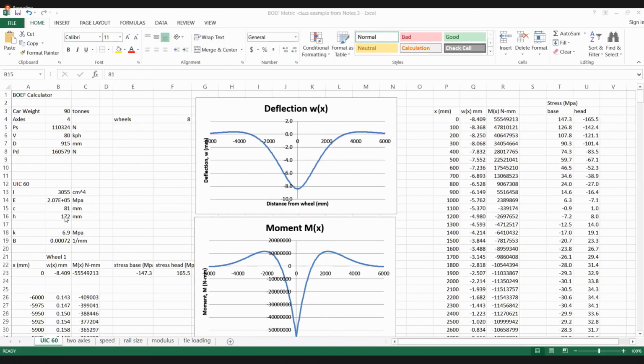So what we're talking about right here. K is the track modulus, which I'm defining here. The input I will give you is roughly 6.9 megapascals.